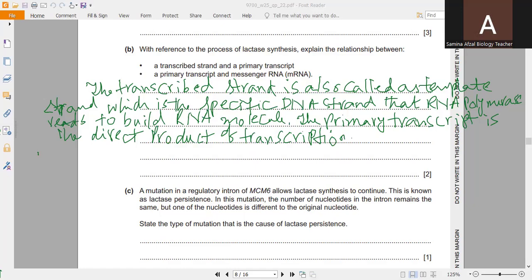So its nucleotide sequence is complementary to the transcribed strand.